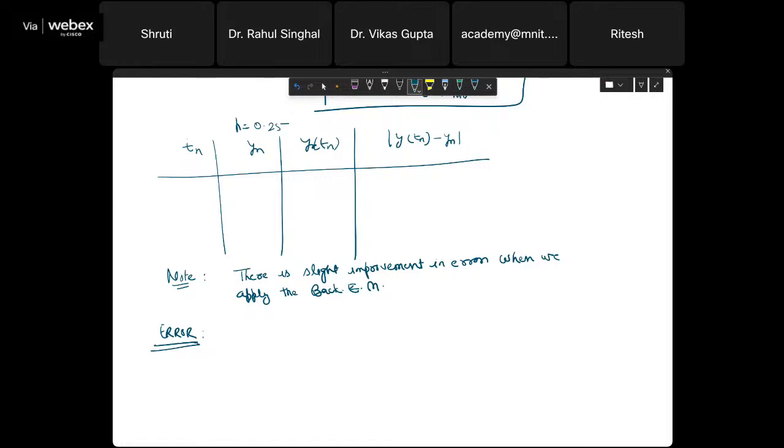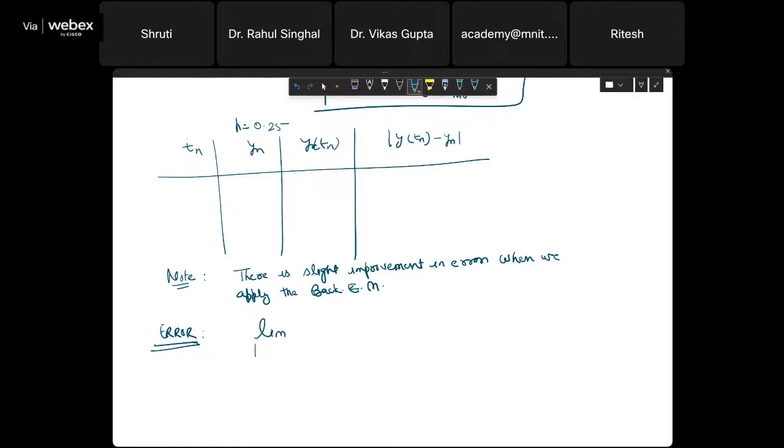So the main question that arises here is what is the guarantee that the approximate solution will approach the actual solution? This is known as convergence. In other words, whether the approximate solution computed with the help of the numerical methods will converge to the actual solution.